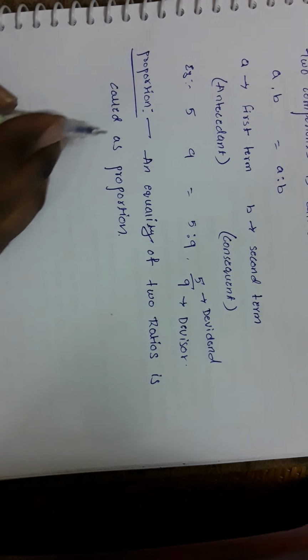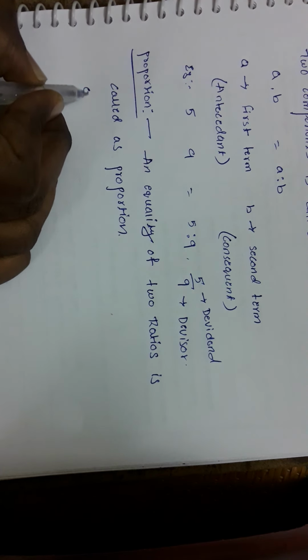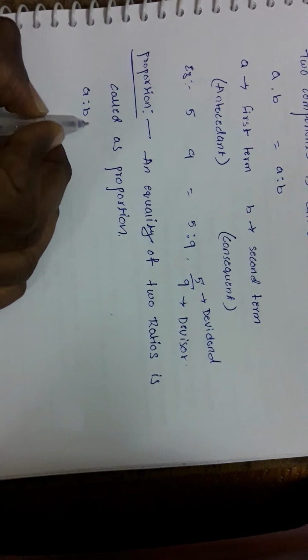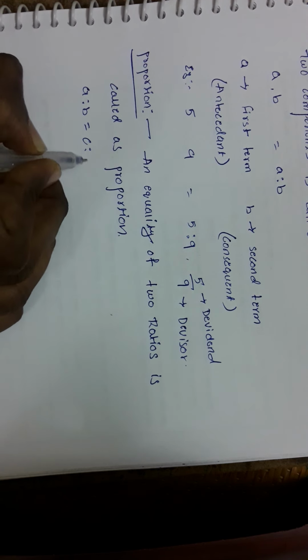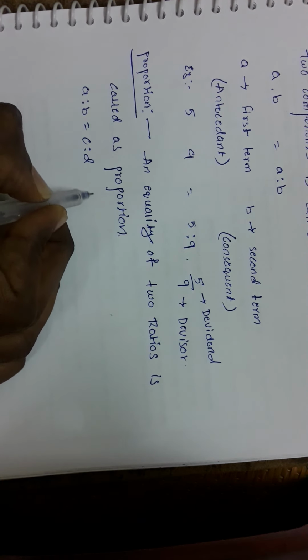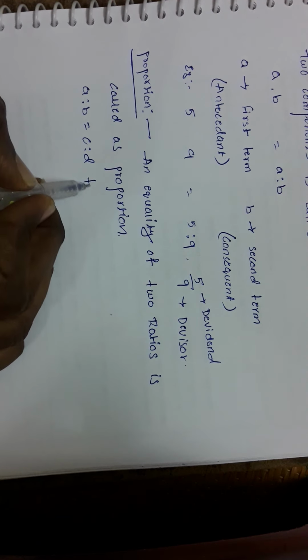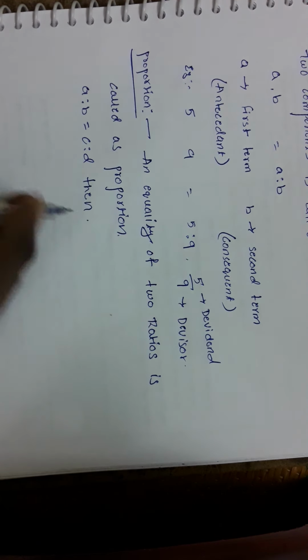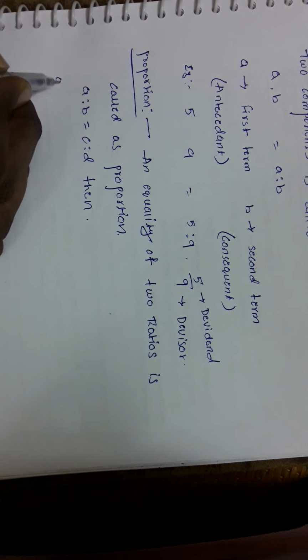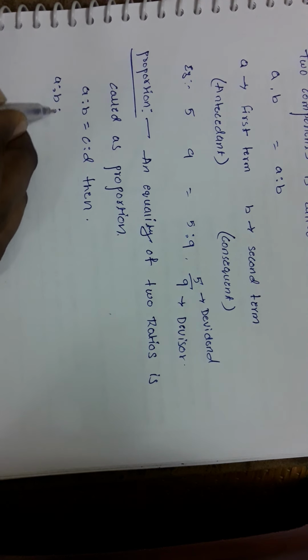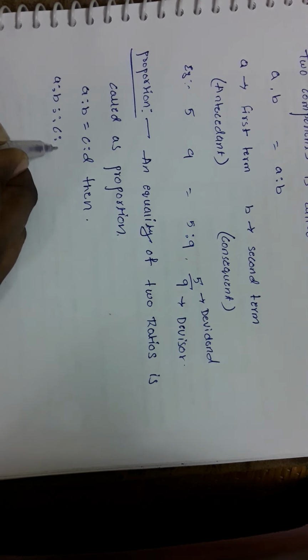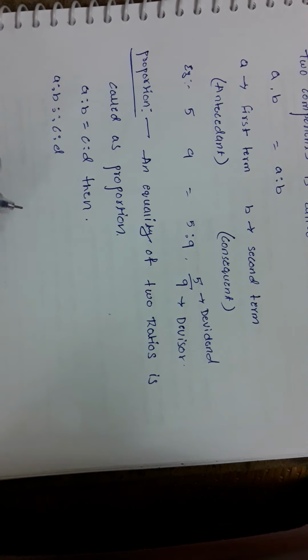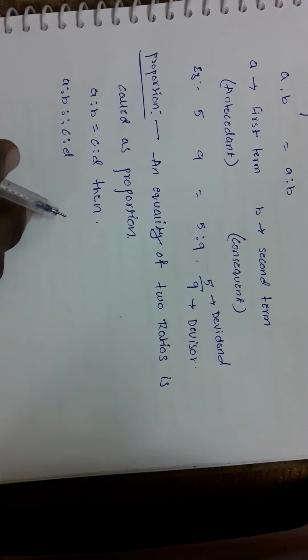For example, A is to B is equal to C is to D. Then we write it like this: A is to B proportion C is to D. Here four terms are there: first term, second term, third term, fourth term.